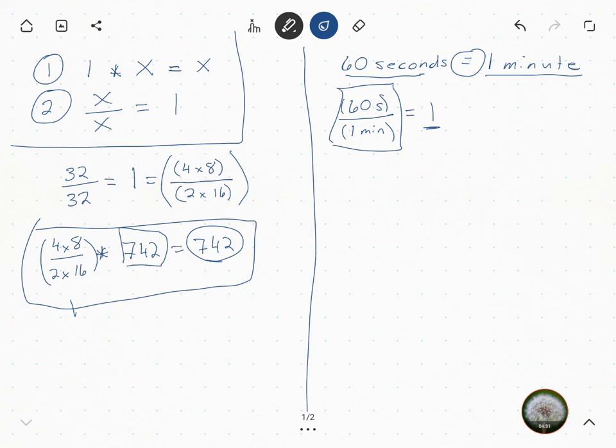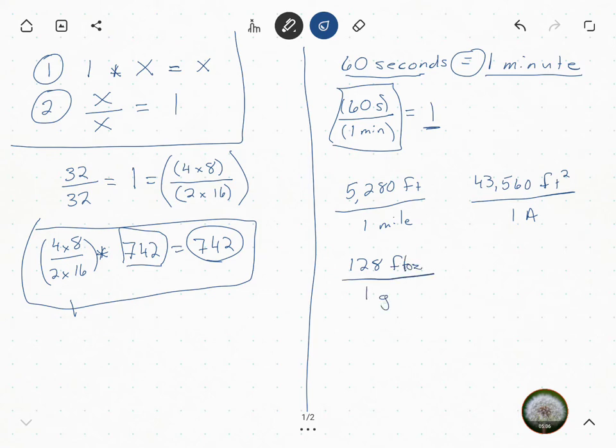So a lot of the conversions that we're going to use follow this idea. The common ones are things like 5,280 feet in 1 mile, or 43,560 square feet in 1 acre, or 128 fluid ounces in 1 gallon.